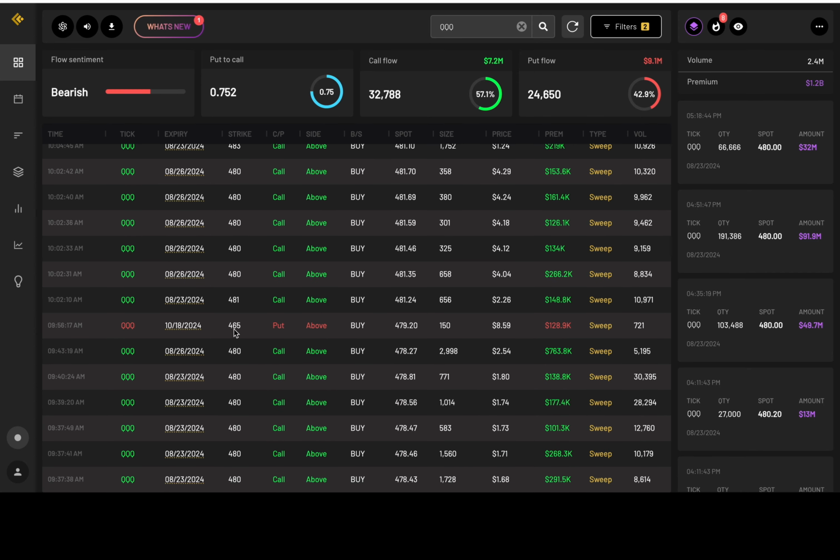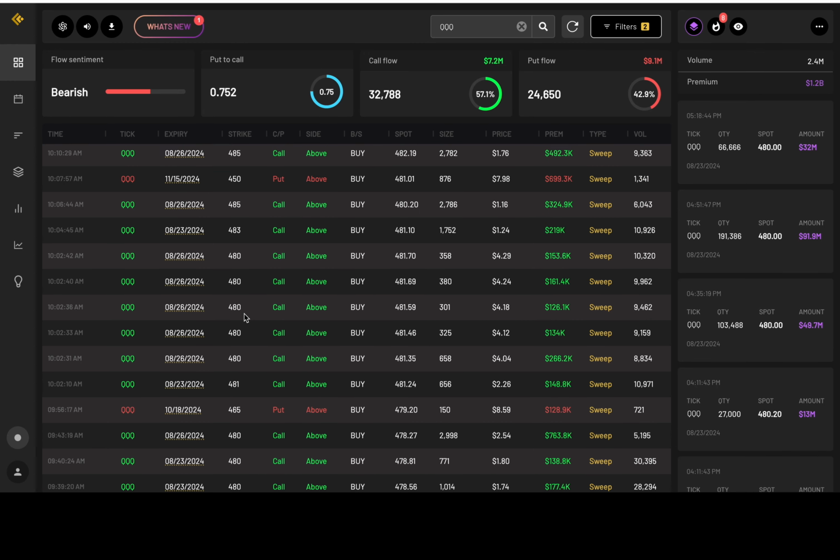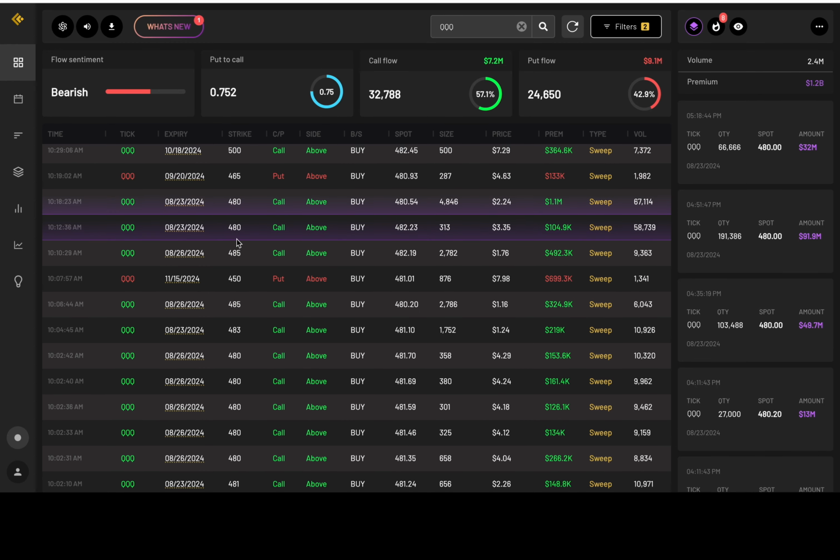All right, this is a 465 strike price for October 18th. They entered around 479. So somebody thinks it's a good idea to start entering puts right now. Very aggressive. So I'd say the puts are more aggressive for Triple Q, so I can see why it says bearish.